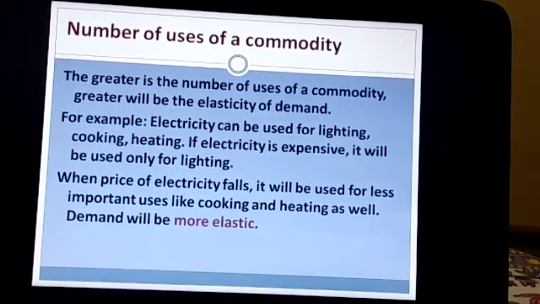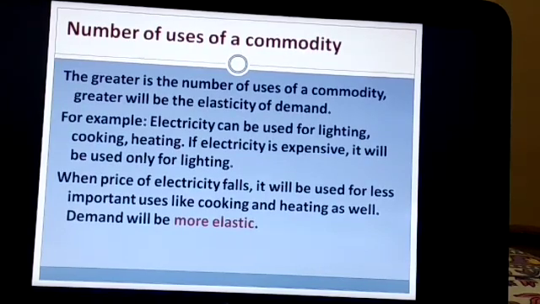When electricity is very expensive, it will be used only for lighting, the most important purpose. But when the price of electricity falls, it will be used for less important purposes like cooking and heating also. When the price falls, the demand will change very dynamically.